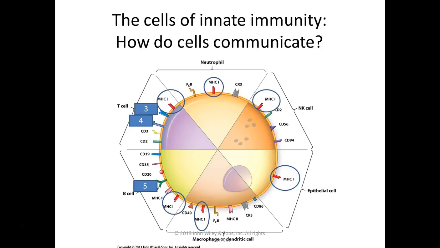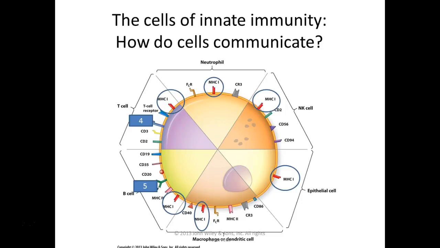Your T cells, which are part of your adaptive immune response, or your T lymphocytes, have specifically on their surface what's called a T cell receptor. T cell receptors bind to MHC.